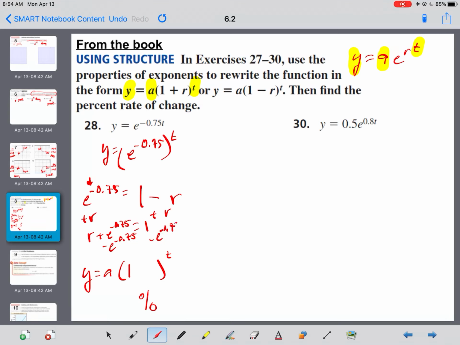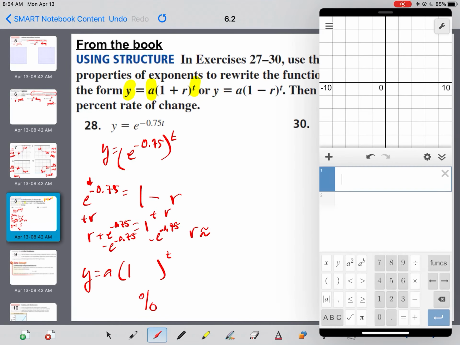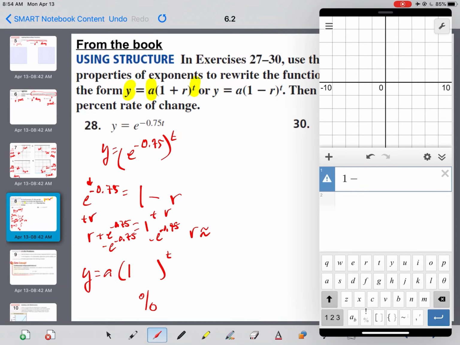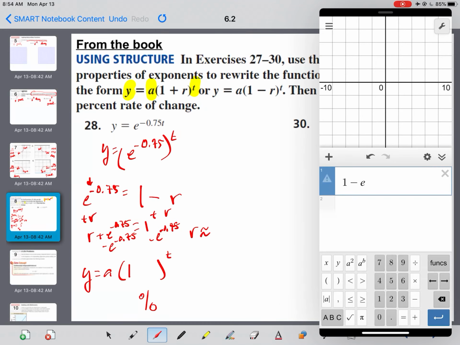And then I'm going to move my e over. And so r is approximately, I'm going to have to round it, but let's see, 1 minus e to the negative 0.75, 5.28.